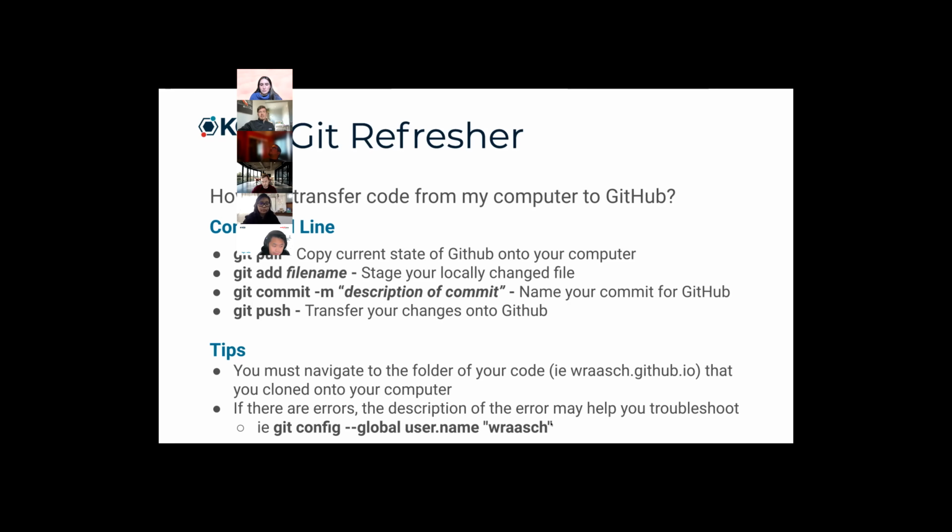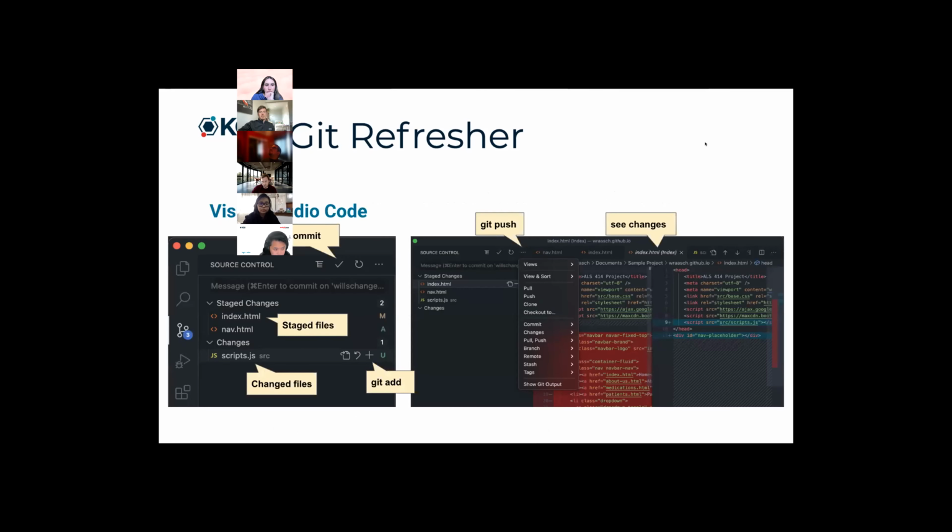Now, command line stuff can definitely be intimidating. And so I do want to go over a more graphical way that you can get this done. So here's an example with Visual Studio Code. If you've downloaded this as your text editor, on the left there's an icon, these 3 circles that are connected, and that's called source control. When you click that, it shows you under changes which files you have changed.